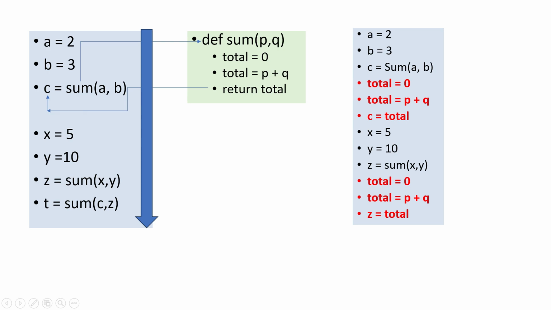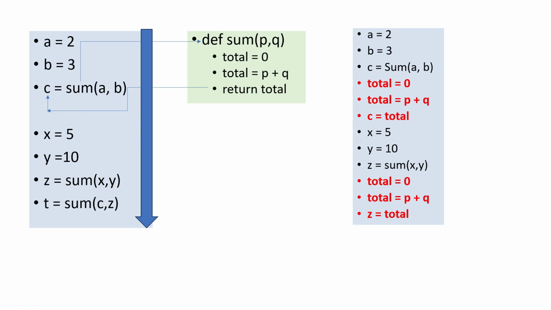So when I call c equal to sum(a, b), what is actually happening is I'm executing total equal to 0, then p plus q is done, and the total is returned, and that total is assigned to c. So all this red part is happening without you knowing it. This is how a function works.